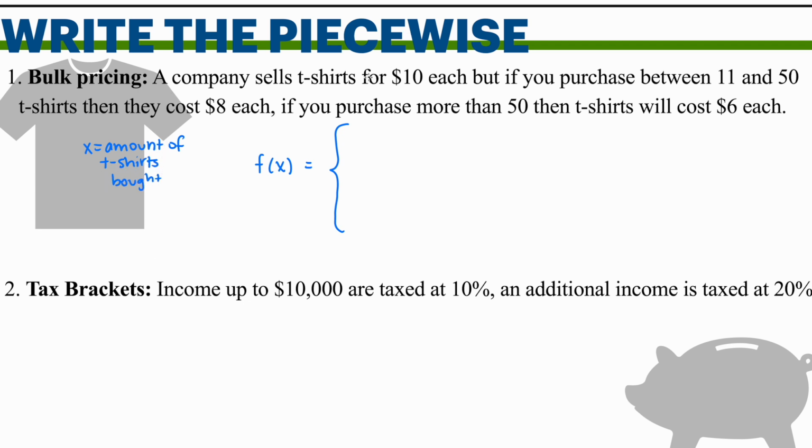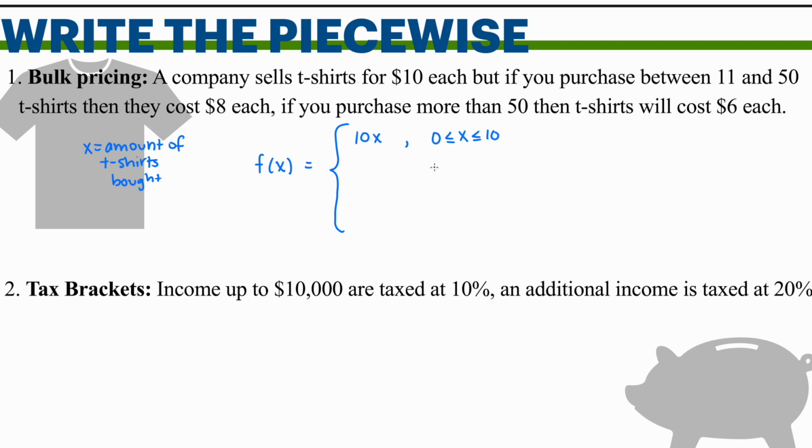So we know that if we buy up to 10 t-shirts, so we're looking from, technically I guess you could say 0, even though if it's 0 shirts you're not buying any, up to 10 shirts, then it's going to cost you $10 per shirt.